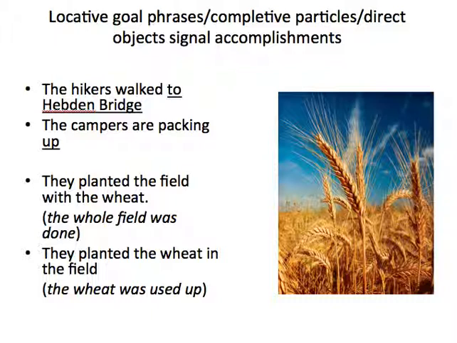And again, we've looked at this before, but slightly different here with these particular phrases. They planted the field with the wheat, which suggests the whole field was completely planted with wheat. They planted the wheat in the field suggests that the wheat was used up, but not that the field was planted completely.